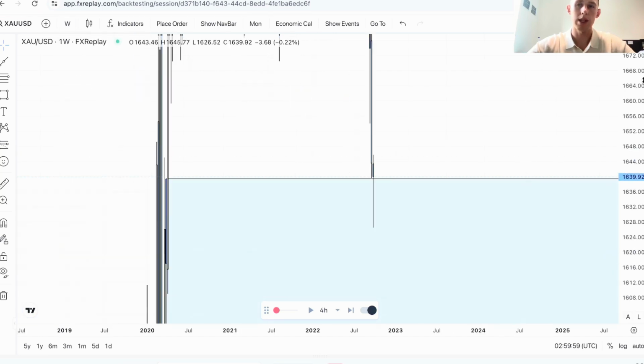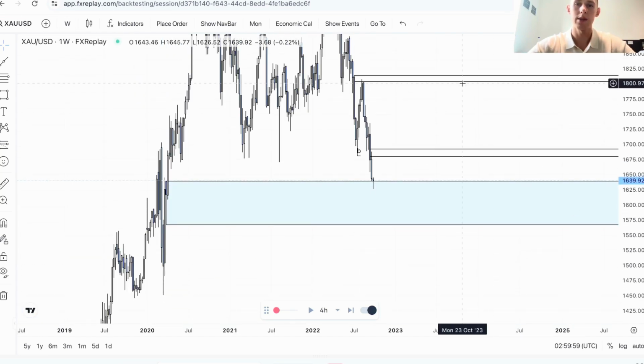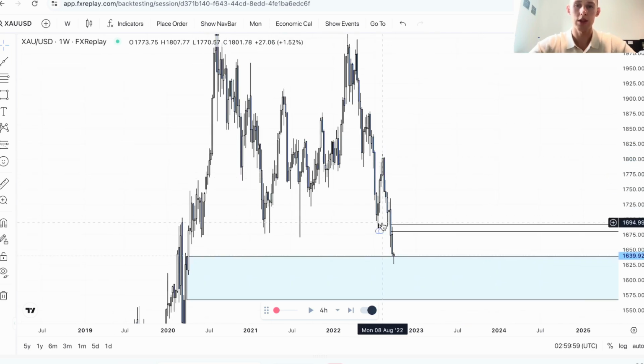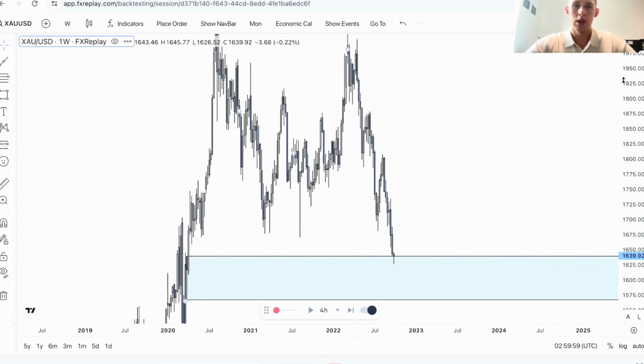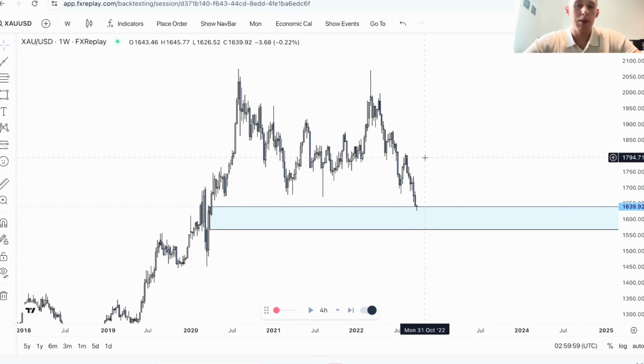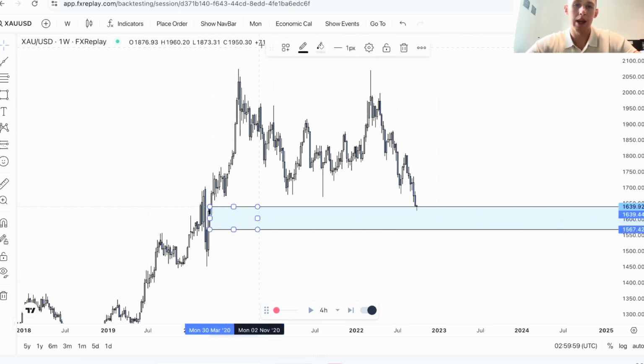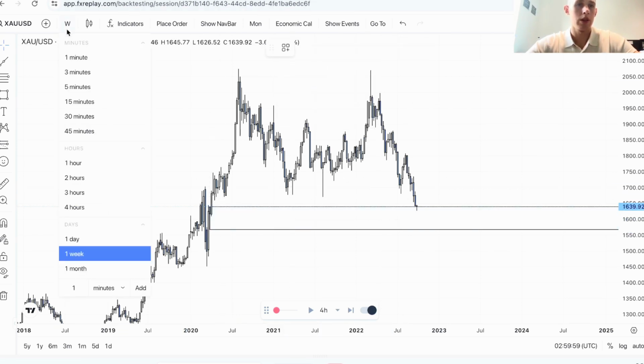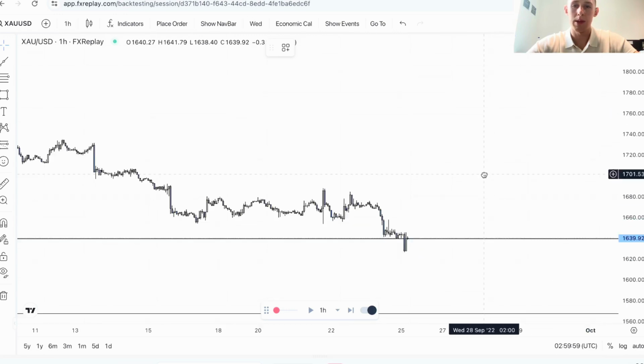Cool, and price has now tagged into that weekly demand. I'm going to get rid of some of these drawings. So I think it is very likely we will see buys here. We've swept all of these lows into the demand. Let's just monitor for a potential entry.